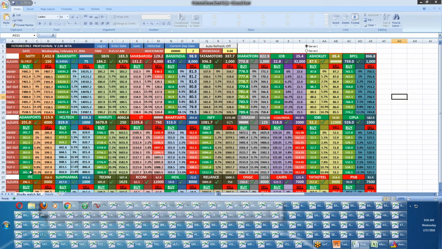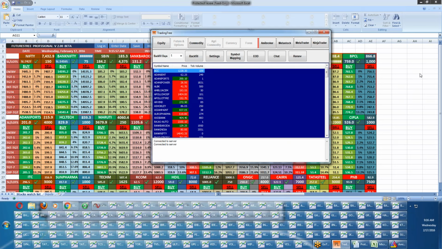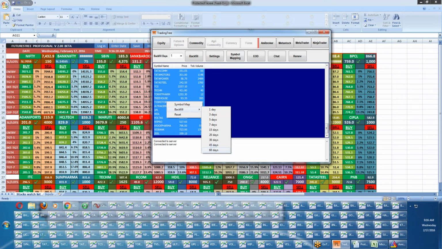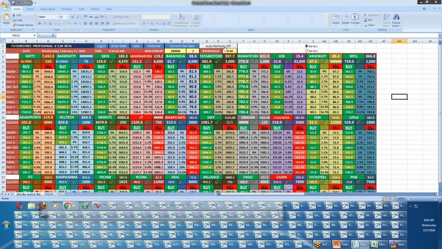You can see that in the left corner of this Excel, you have an icon which is rotating. It means that the current day data is being fetched. Meanwhile, I'll just take the backfill for the Ammyy broker. So now it has stopped. Now you click on the auto refresh on off button.